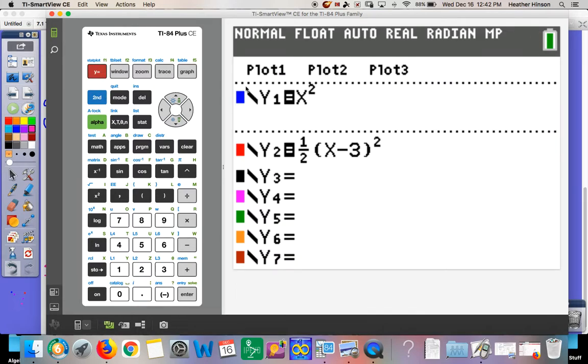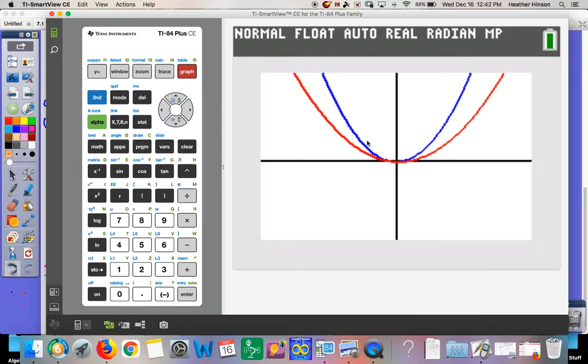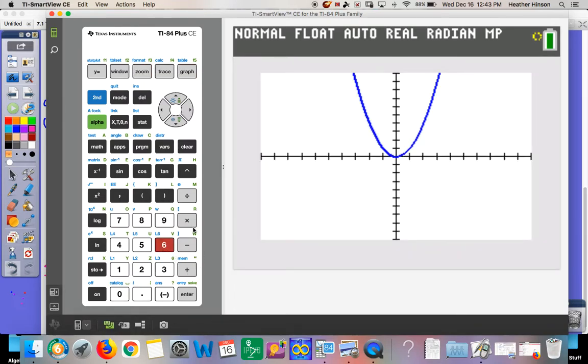So our parent function is in blue. That one's going to go through 0, 0. On this one, they both went through 0, 0. Oh, nope. Okay. Now that I've zoomed in correctly, we can see that it didn't go through 0, 0. It shifted. So it's hard to tell the compress on a graph. You can see that this red one is a little bit more open, so it's kind of pushing it down and widening the parabola.